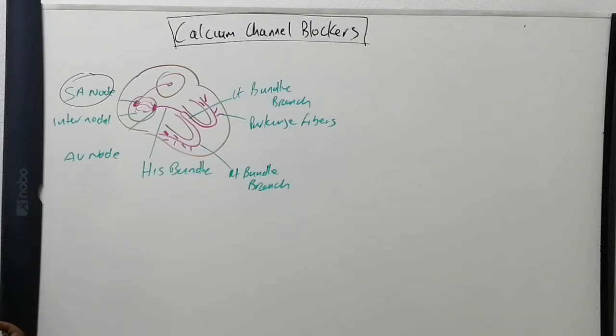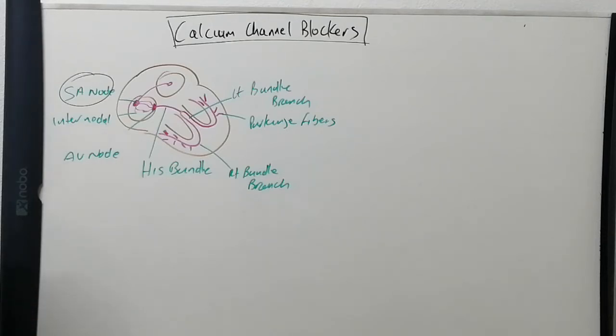But in the event whereby the SA node fails, the AV node will take over, right? And if the AV node fails as well, the Purkinje fibers take over. That's when you've got some kind of conduction abnormalities. But normally everything starts in the SA node.